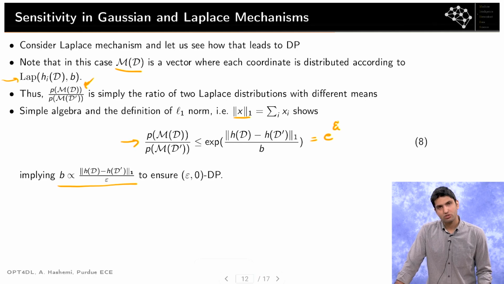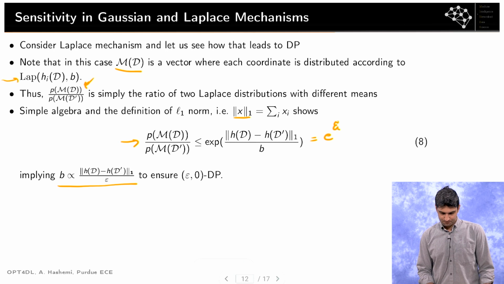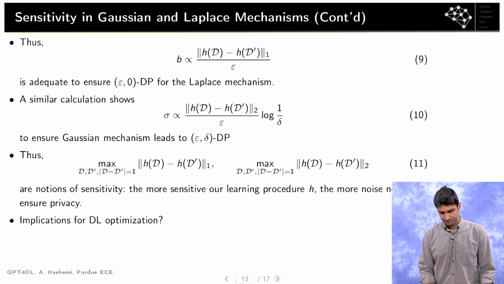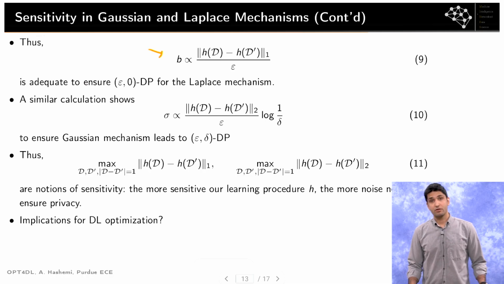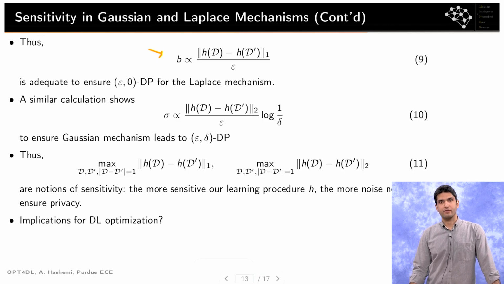Again, this difference is some notion of sensitivity, because it captures how much the output is going to change when I make a slight change in the training data. So in some sense, it is the sensitivity of my original learning algorithm, or my original learning model h. Therefore, for the Laplace mechanism, we can get epsilon-zero differential privacy, or pure DP, if we set the standard deviation to be proportional to this notion of sensitivity divided by epsilon.